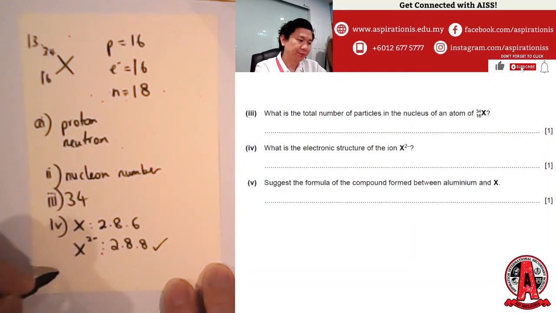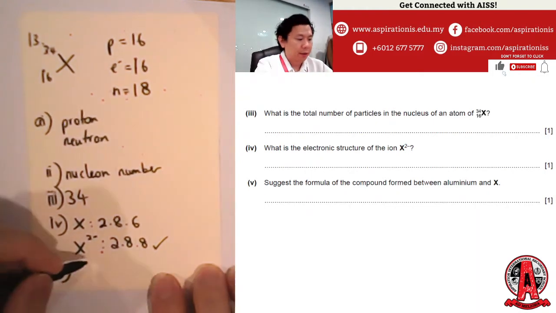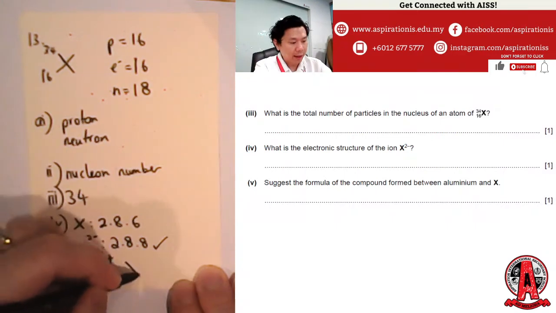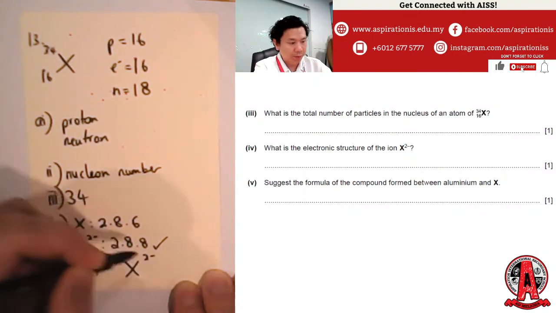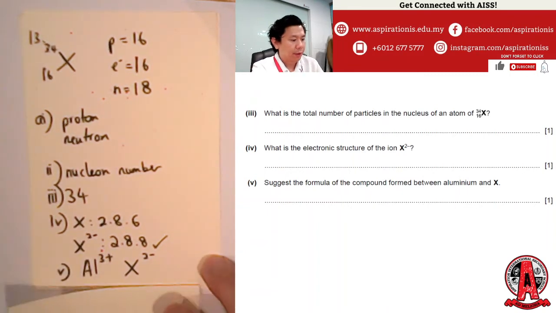Lastly, suggest the formula of the compound formed between aluminium and X. To do this question, you need to know the charge on aluminium. So it is Al3+, and X is 2 minus, so you need to cross it over.